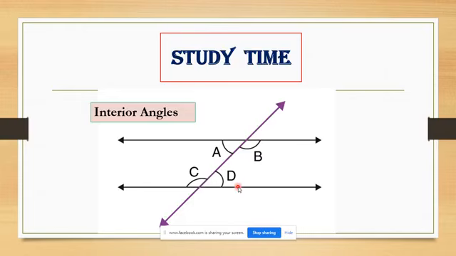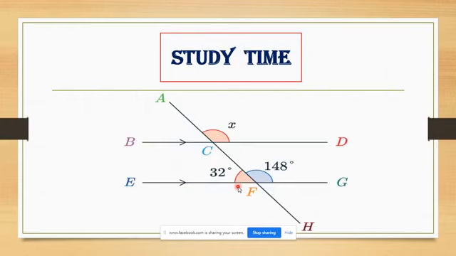So, one more thing now, actually calculation. See, here again I will explain: line BD and line EG are parallel and line AH is their transversal.